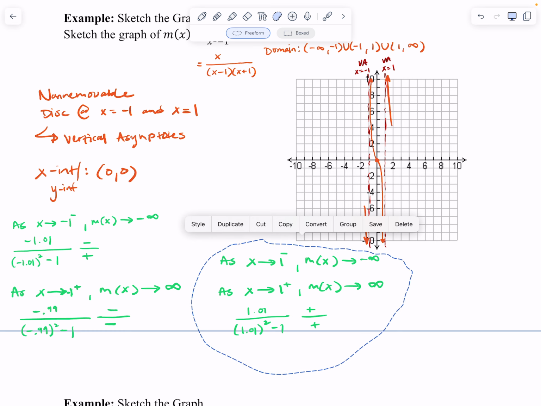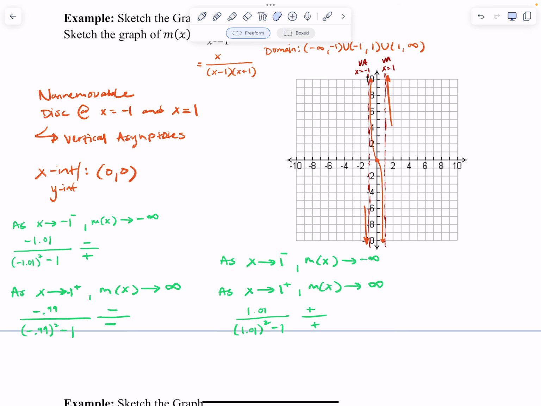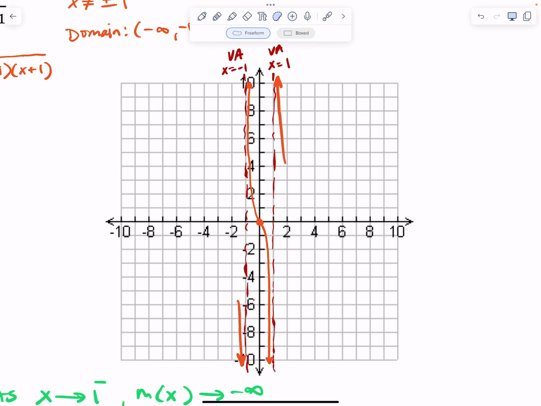So do we just eyeball that line, the extra line? Say that one more time, Teo. For the like extra lines that are on the left and right of the asymptotes. Well, we're not done. So now we're going to look at end behavior to see how we can fit all the puzzle pieces together.